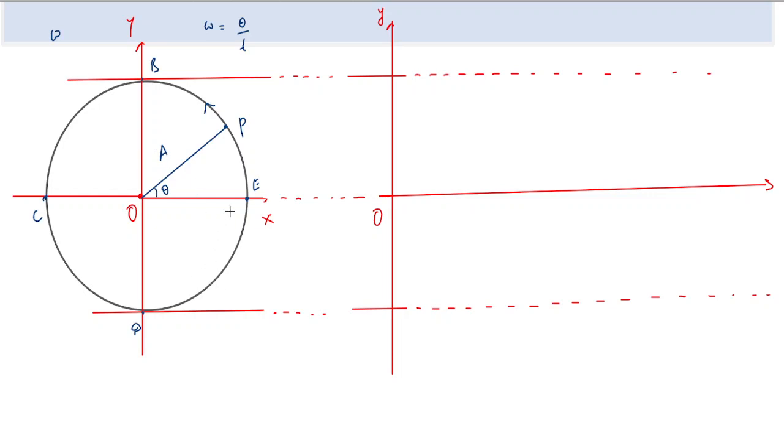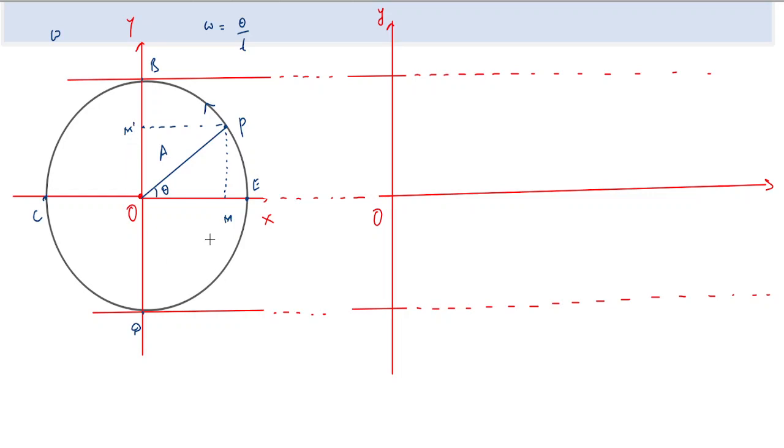Now what we do here is, from the point P we drop two perpendiculars, one onto the x-axis. Let's call this point M, and one onto the y-axis, and let the point on the y-axis be M dash.